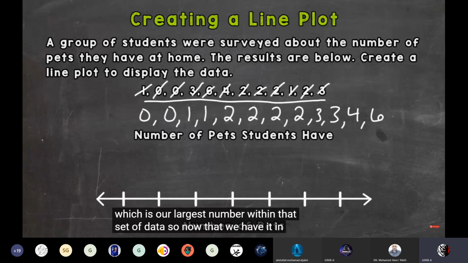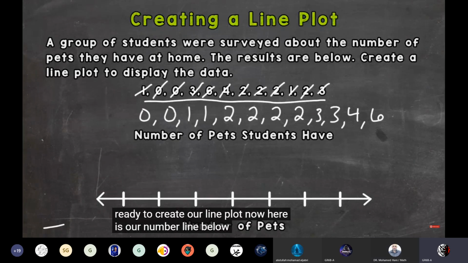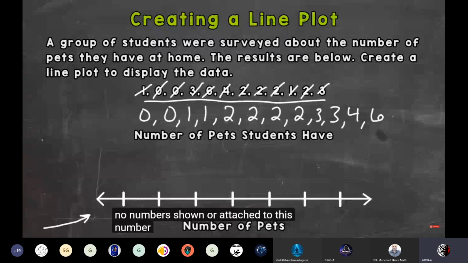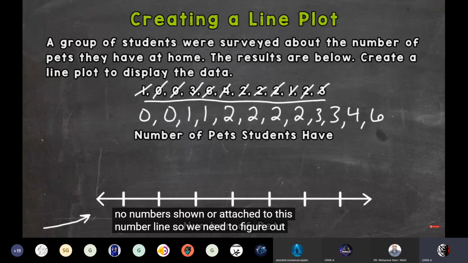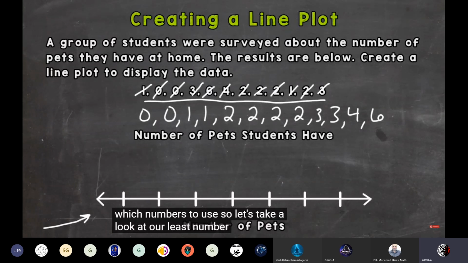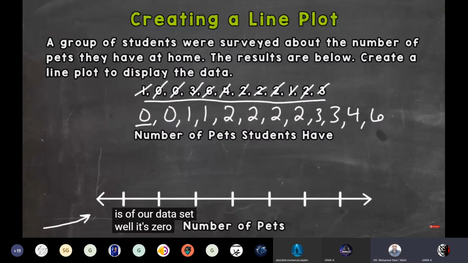So now that we have it in order from least to greatest, we are ready to create our line plot. Now here is our number line below, but there are no numbers shown or attached to this number line. So we need to figure out which numbers to use. So let's take a look at our least number, our smallest number or least valued number of our data set. Well, it's 0.